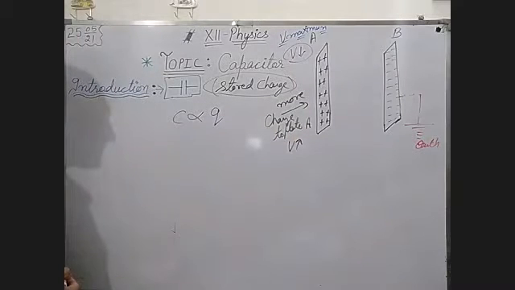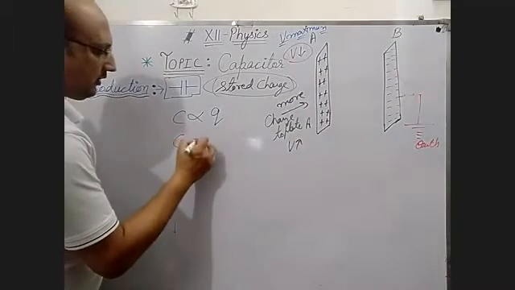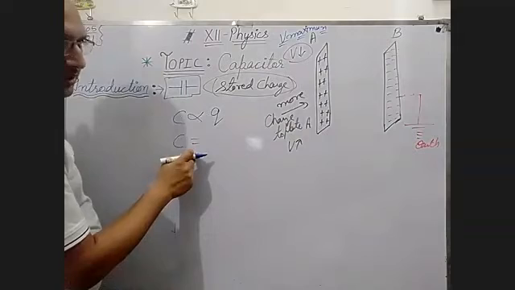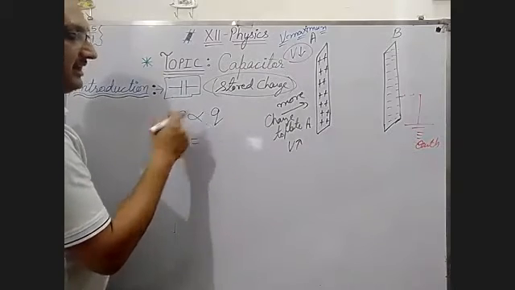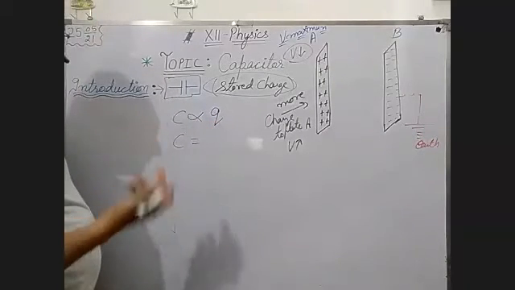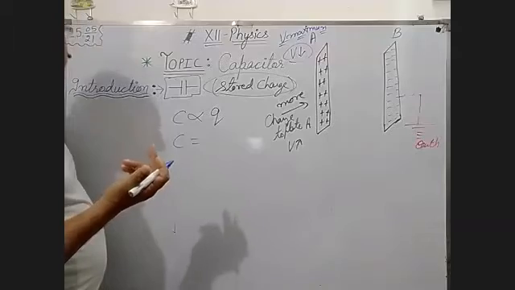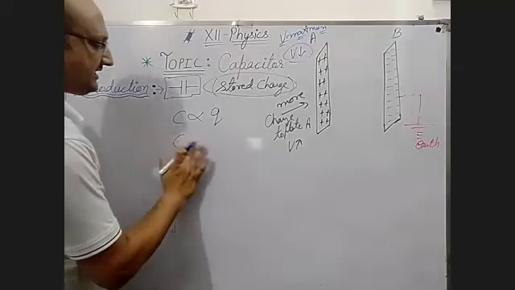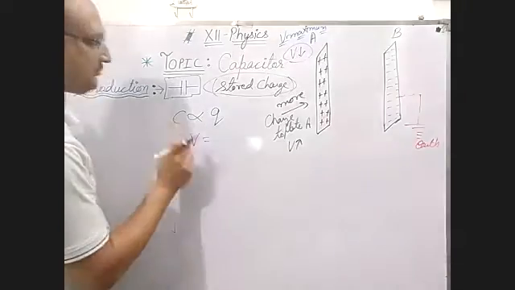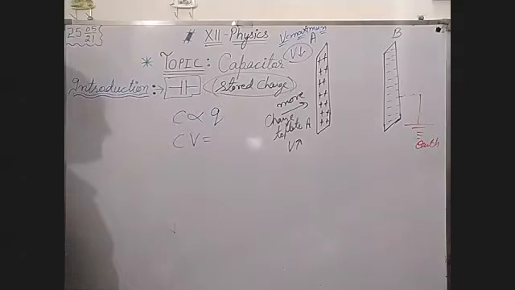Now, this proportion becomes equal if we multiply by any constant, and here the constant is potential.